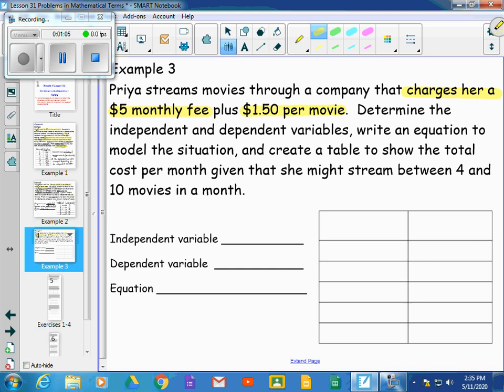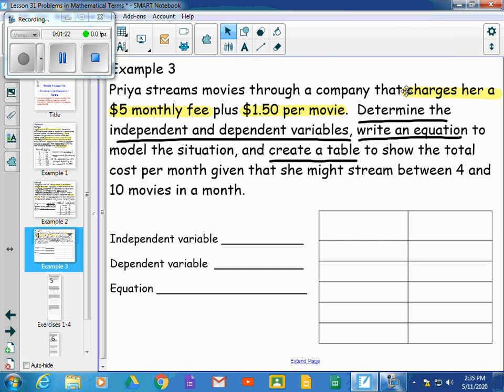In this problem, again, we're going to determine the independent and dependent variables. We're going to write an equation to model the situation, and then we're going to create a table to show the cost per month given that she streams between 4 and 10 movies in a month.